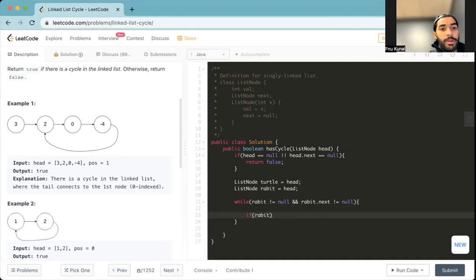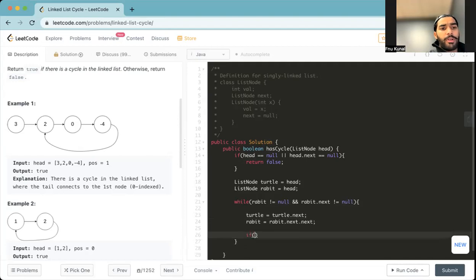Inside, turtle is equal to turtle.next. The turtle is running one step only, and rabbit is equal to rabbit.next.next.